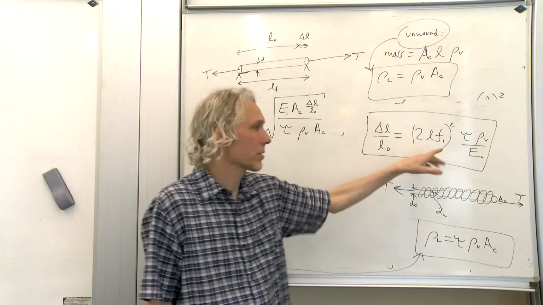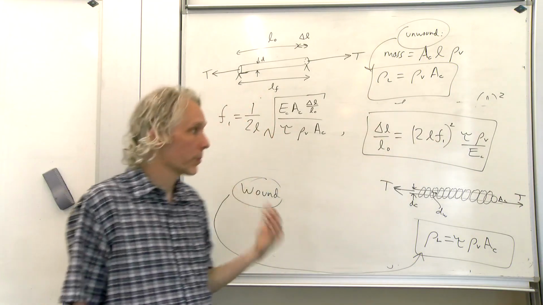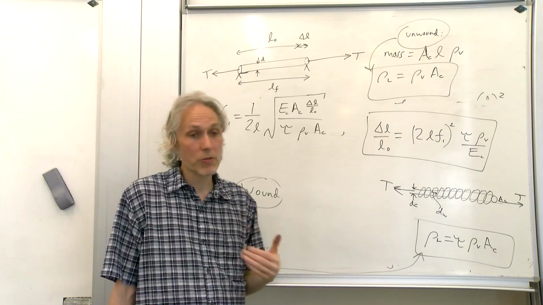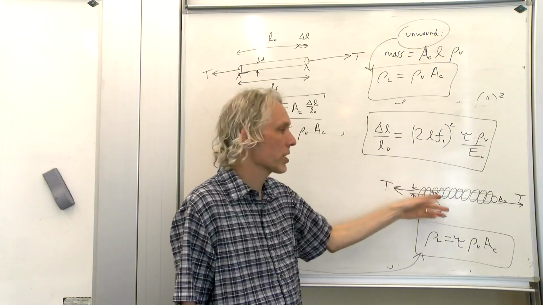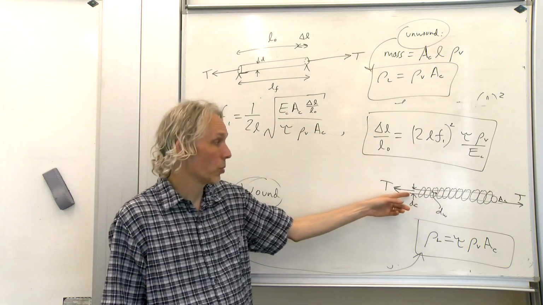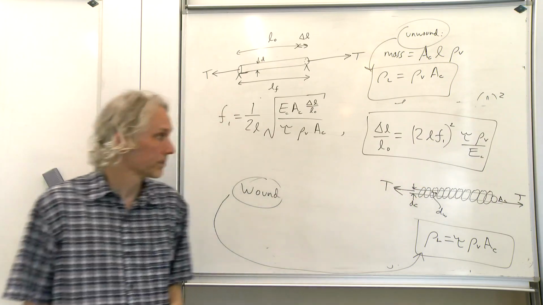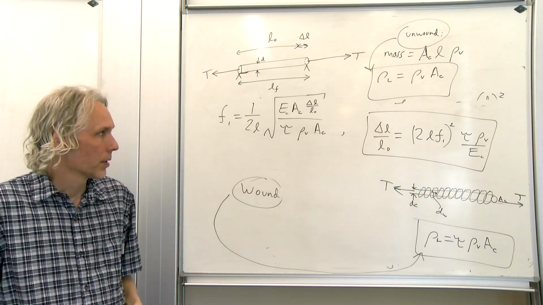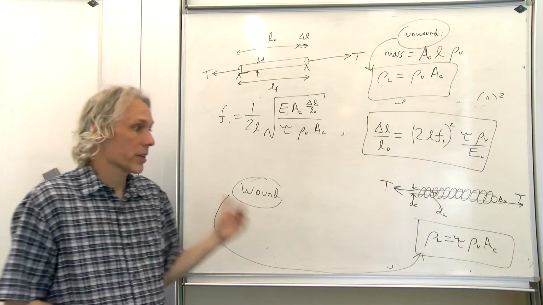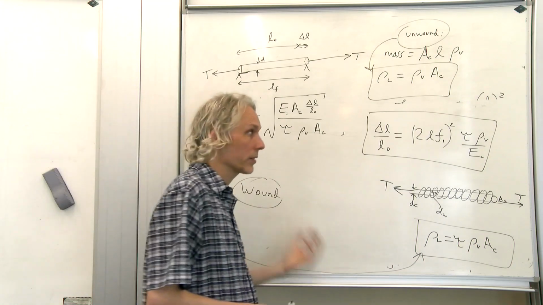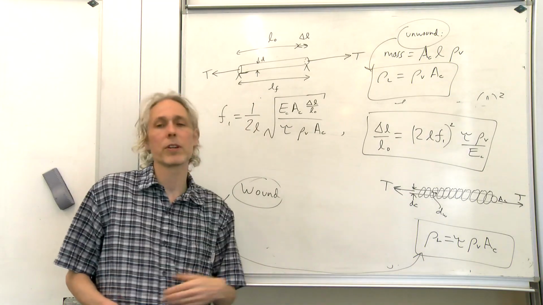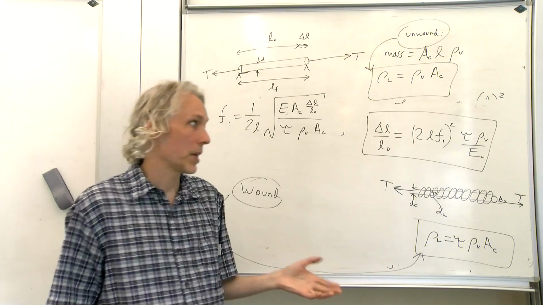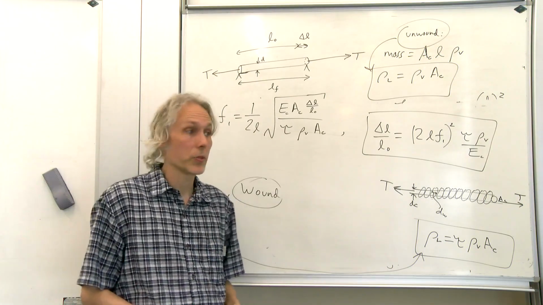Okay, so you've got a big variation of delta L over L naught possible for the wound strings, because you can vary the ratio of the core width and the winding width. That means that you're varying how much the string stretches to get it up to tension, and how much you have to bend it to get it up to a new pitch.